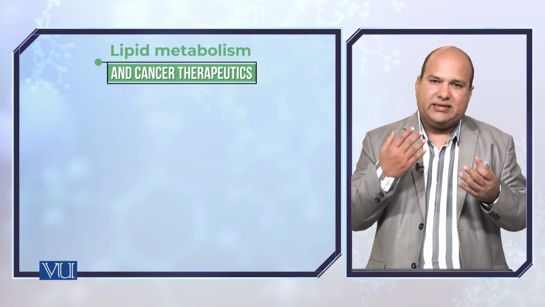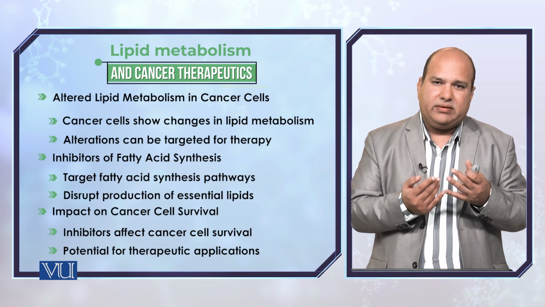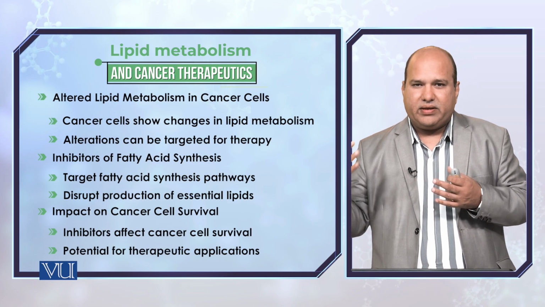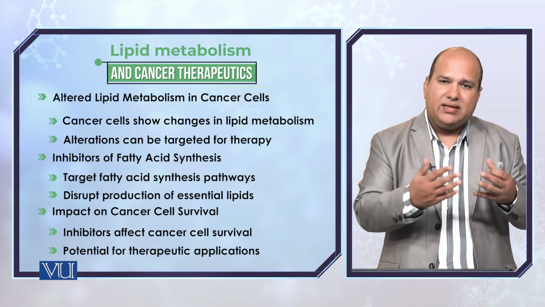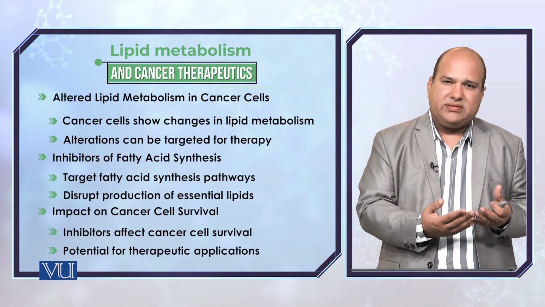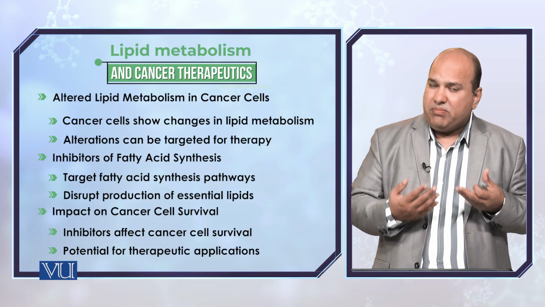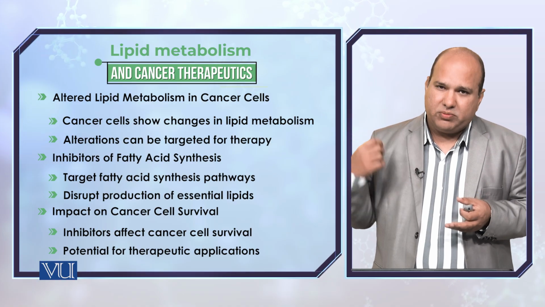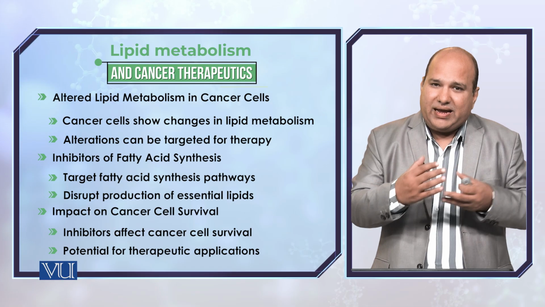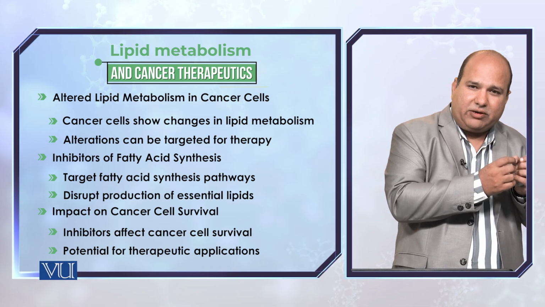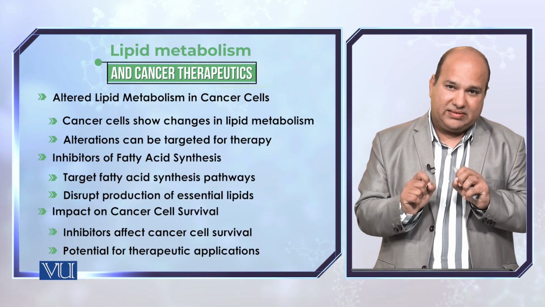Then, of course, finally, there are lipids also. As we saw in the glycolytic pathway and the glutamine pathway, lipid metabolism is also implicated in cancer. Why? Because they produce so much energy. That's one thing. Because they can be utilized as building blocks of major cellular components, especially cell membranes.